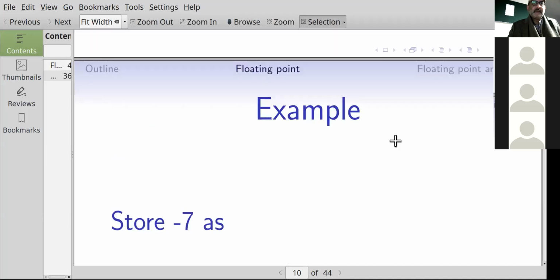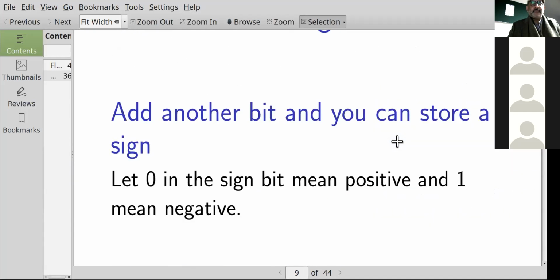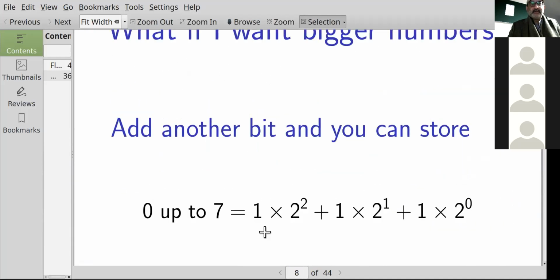Yeah, so before, this 7 could be stored as 1, 1, 1. I'm storing these coefficients, which are either 0 or 1, in 3 bits. So 7 was a 1, 1, 1. And if I wanted to write 0, I would store 0, 0, 0.